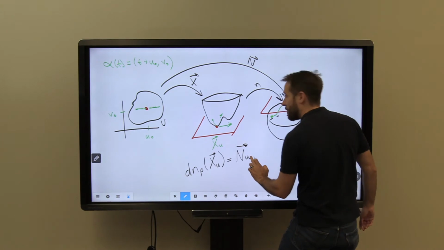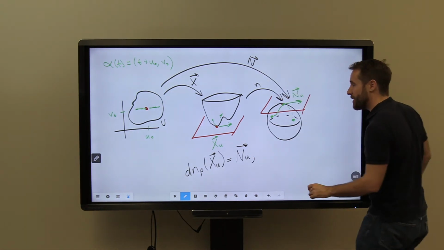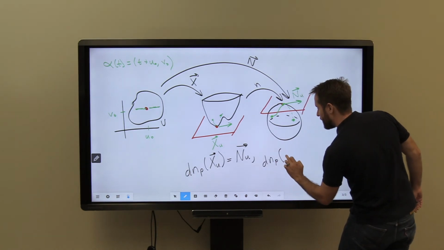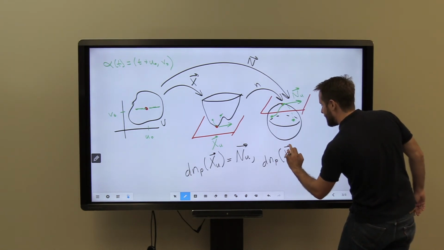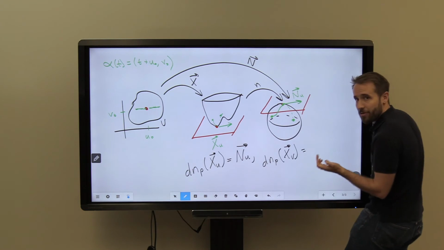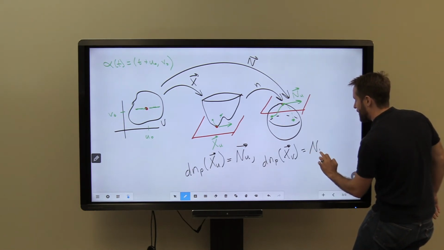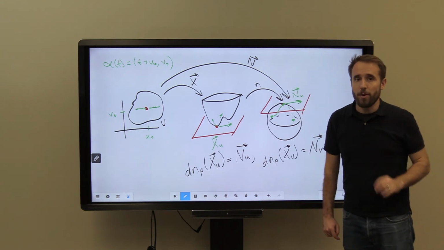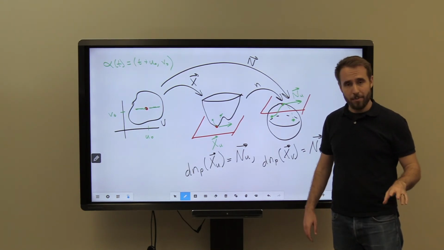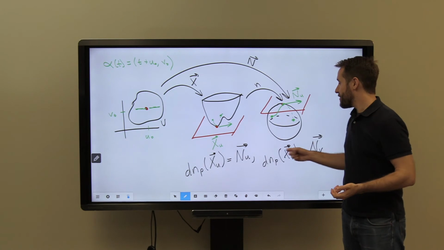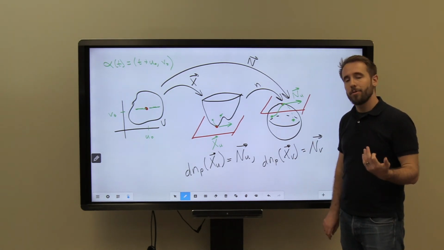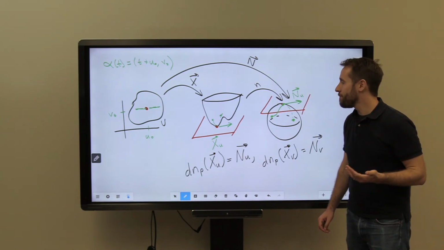And similarly, I won't draw it out, but if I take the differential of the vector x sub v, the end result will be n sub v. So even though we don't have a great way of calculating the differential at the moment, these two identities are really good to know, and we'll use them in what's to come.